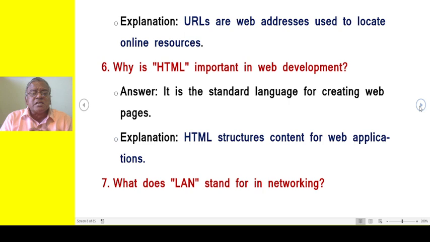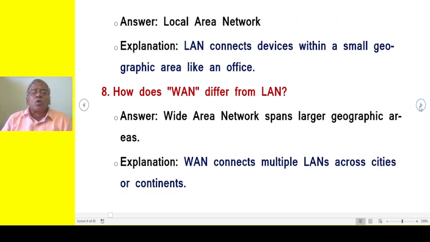Why is HTML important in web development? It is the standard language for creating web pages. HTML structures the content for web applications. What does LAN stand for in networking? That is Local Area Network. LAN connects devices within a small geographic area like an office. How does WAN differ from LAN?